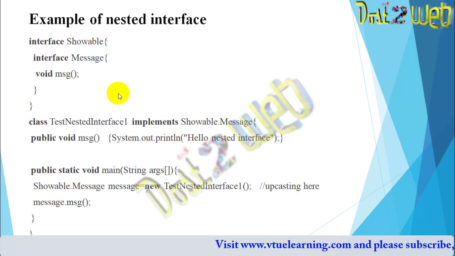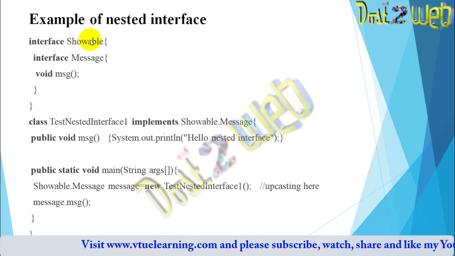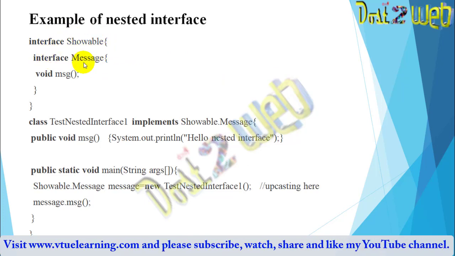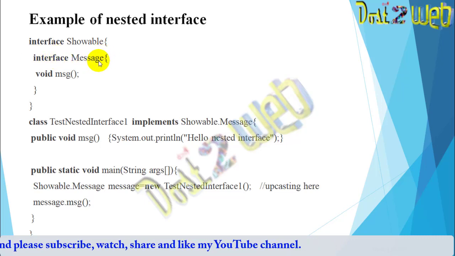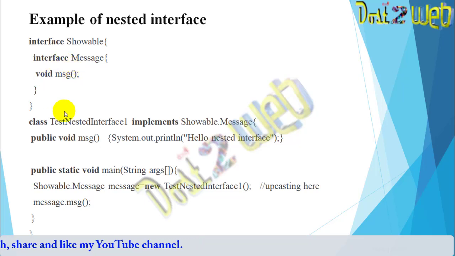Now the example for this. I'll create one interface, the showable. Inside that, I am creating another interface, the message, and giving it a method, void message. This is the nested interface here. Now create a class, with any class name you can give.